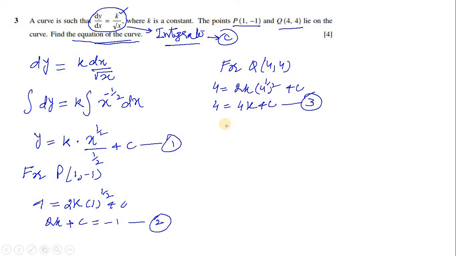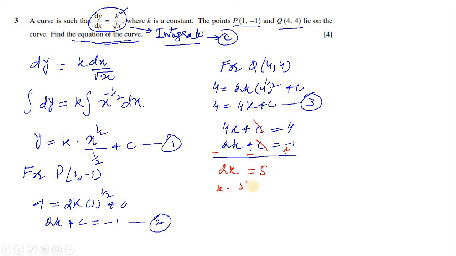So 4k plus c is equal to 4, and 2k plus c is equal to minus 1. If you subtract these, you change the sign, so plus, minus, and then minus. So c and c are gone, so 4k minus 2k, you have 2k is equal to 4 plus 1, 5, so k is equal to 5 by 2.